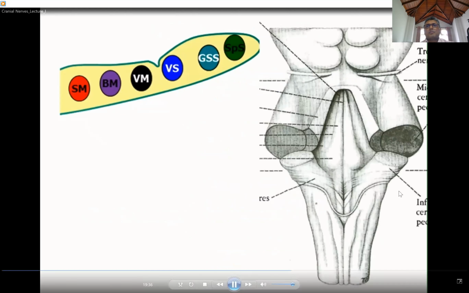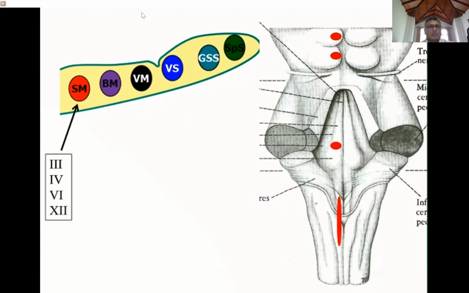Before we discuss the individual cranial nerves, we will take a look at how these different functional components are included in the different cranial nerves. If you take the first functional component, which is the somatic motor component, this component is carried in the cranial nerves listed here: the third cranial nerve, the oculomotor nerve, the fourth one, the trochlear nerve, the abducent nerve, and the hypoglossal nerve.